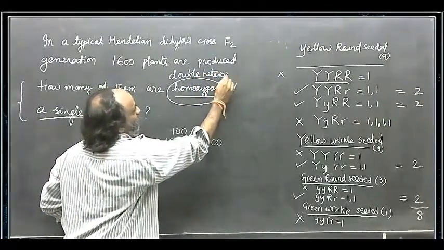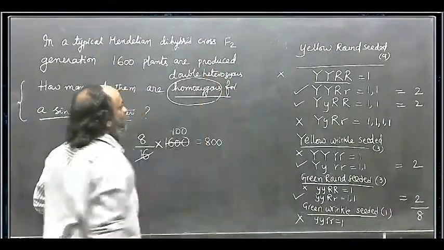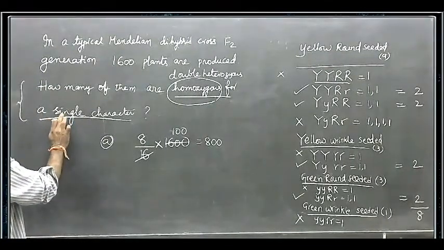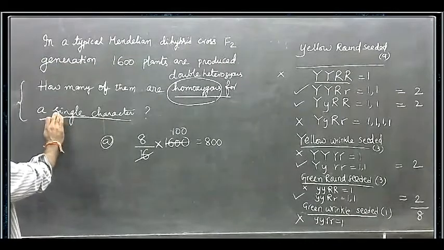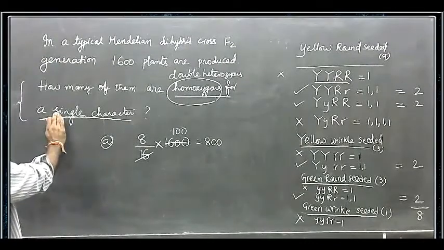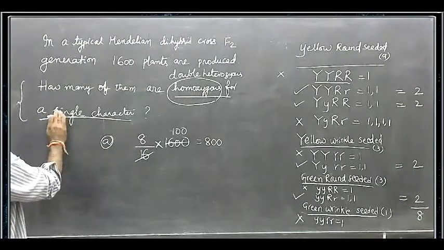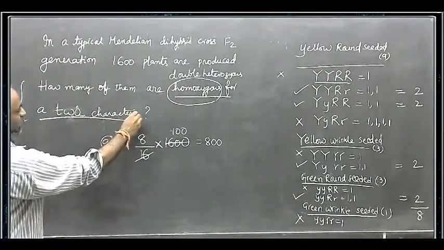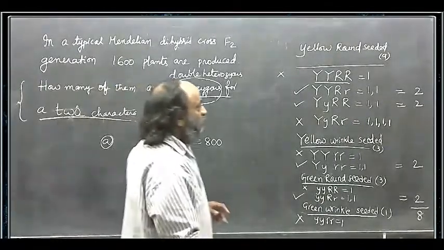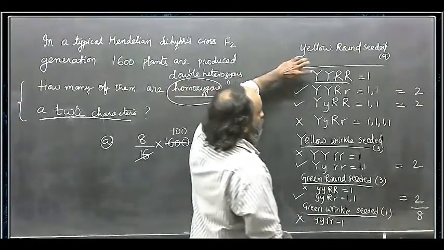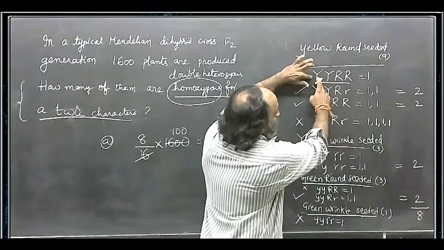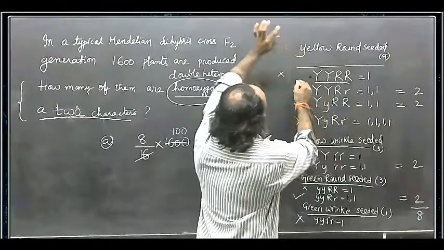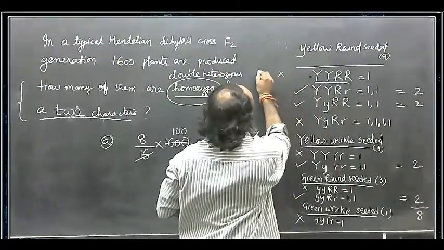Double heterozygous for 2 characters. Now let me read this. This is double dominant, double homozygous. So don't take this into consideration.